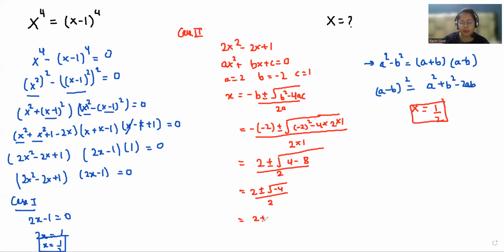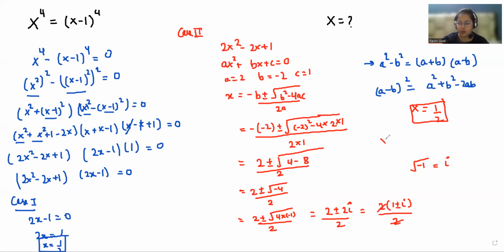So 2 plus minus under root, we can write it as 4 multiplied by minus 1, divided by 2. So we know that under root minus 1, we can call it iota. So 2 plus minus 2 iota divided by 2. If we take 2 common, so 1 plus minus iota divided by 2, we cancel out.